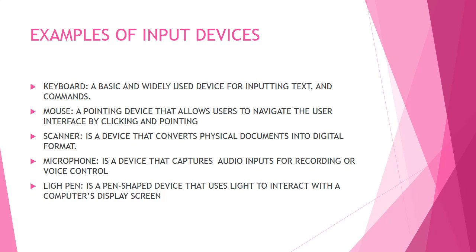Most times we use microphones for a large audience so that they can hear what we are talking about. So let's look at the light pen. It is a pen-shaped device that allows users to interact with a computer screen display. Individuals will be able to write on the screen of a computer system with the help of a light pen.